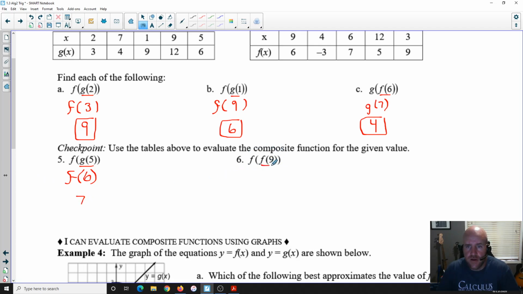And then looking here, f of 9. F of 9 right here, so 6 is the y value. So we have f again, so we're looking for a 6 on the x, and then the output is 7. And that's it.